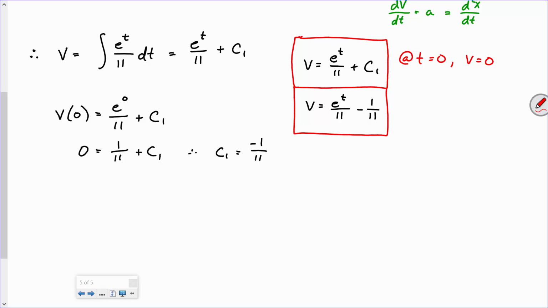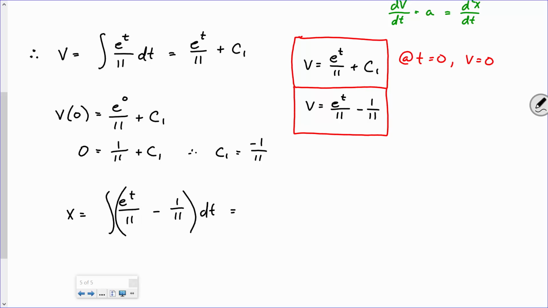So that means we've got to take this whole process and do it again. So for position, x equals the integral of e to the t. Whoa, what am I doing? Keep getting ahead of myself. We have to integrate that, right?